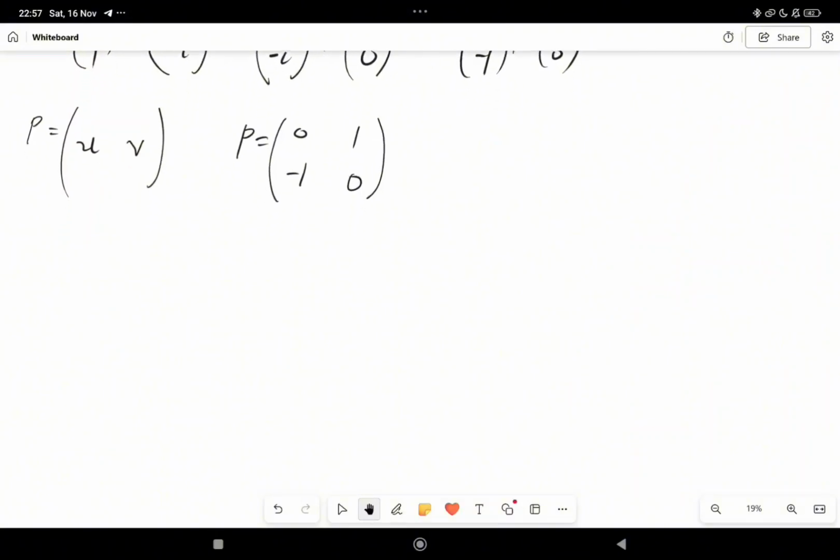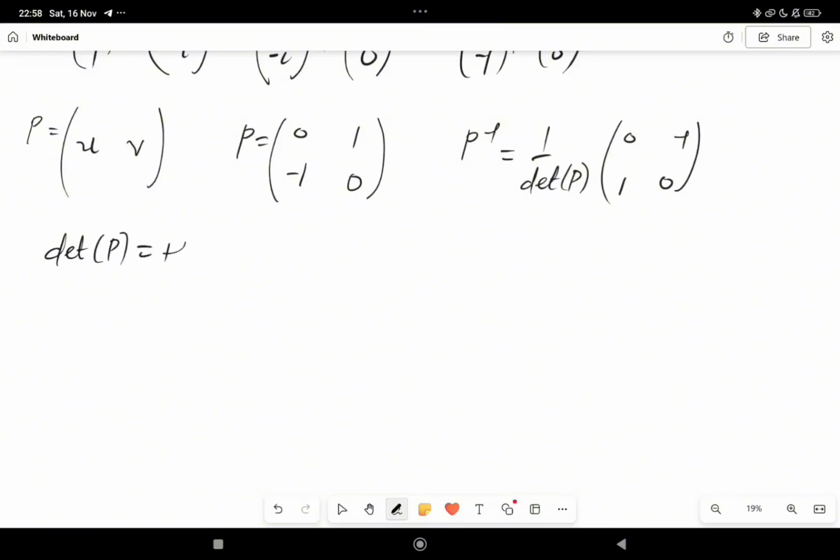Now, if you want to find P inverse, it's 1 over the determinant of P multiplied by the adjoint of P. So we have 0, 0, 1, minus 1. And for the determinant of P, it's plus 1. So our P inverse is given by 0, minus 1, 1, 0.